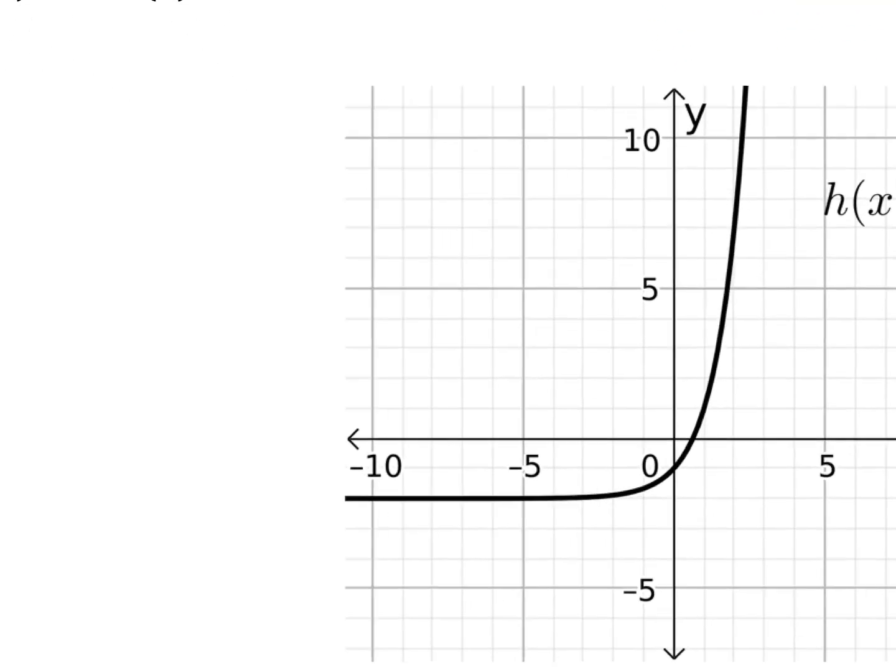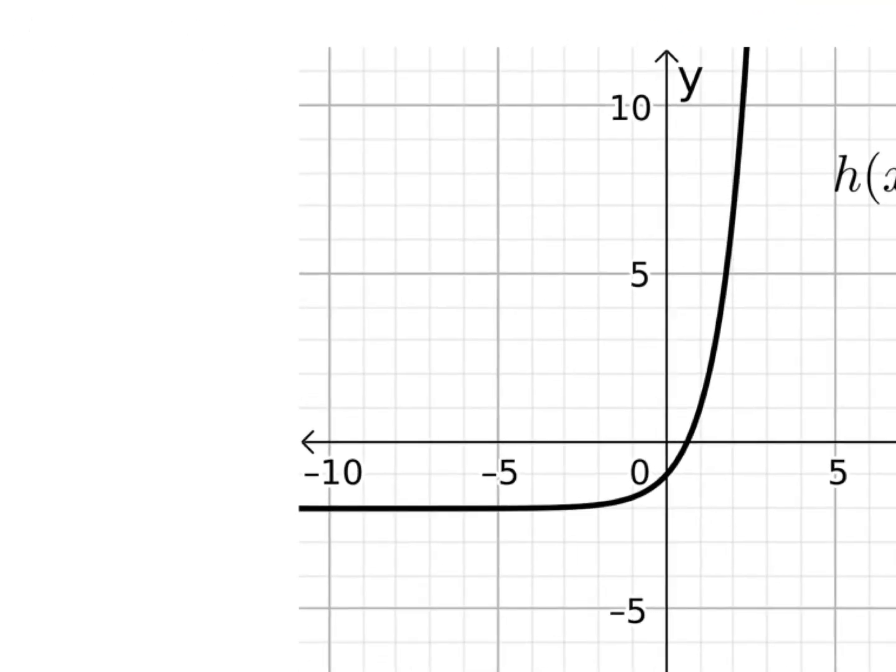So -2, like 1.1, like right there. And then at -1, we're at 4/3. It's like a third of the way to 2.